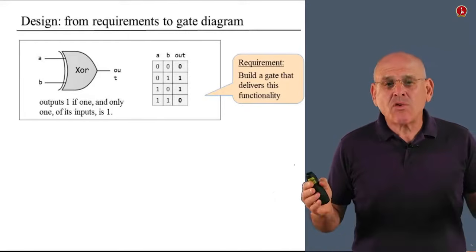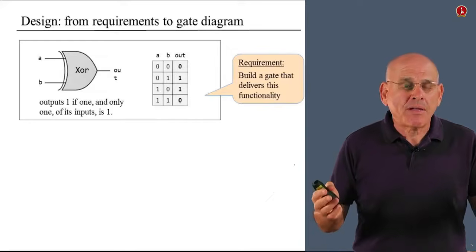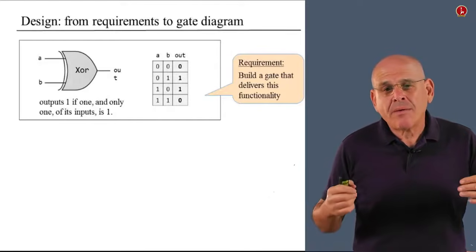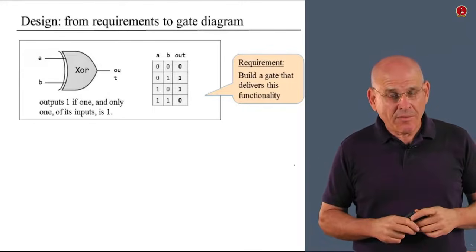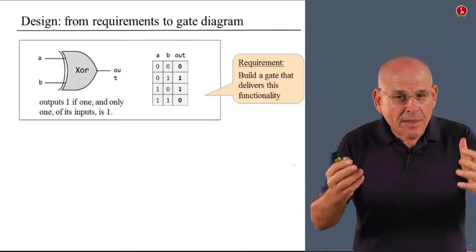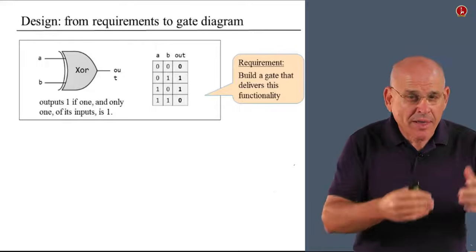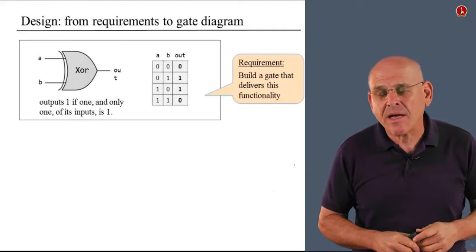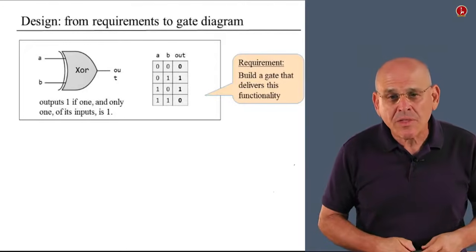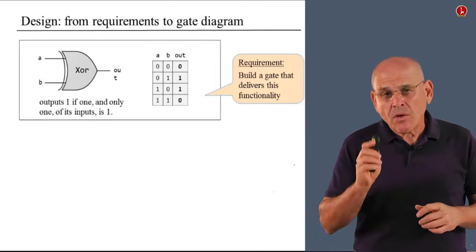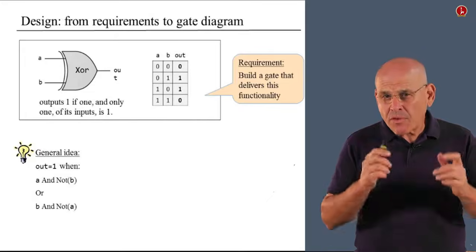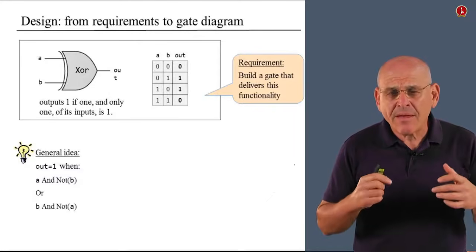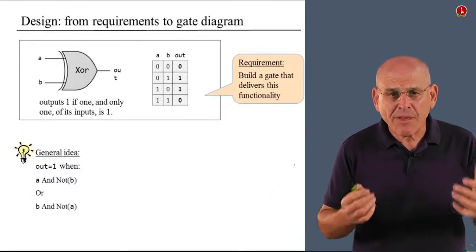However, let us assume that we've already built an AND gate, an OR gate, and a NOT gate. Well, if we built these gates, or if someone gave us these gates that we can freely use, here is what we can do. We can inspect the truth table and figure out from the truth table that the XOR functionality can be described as follows.